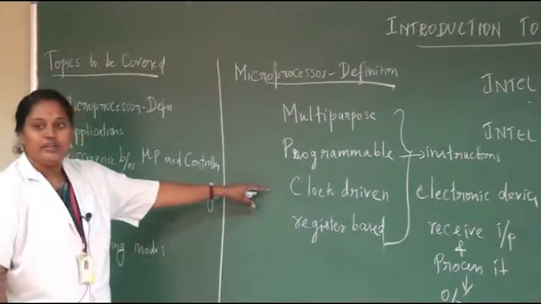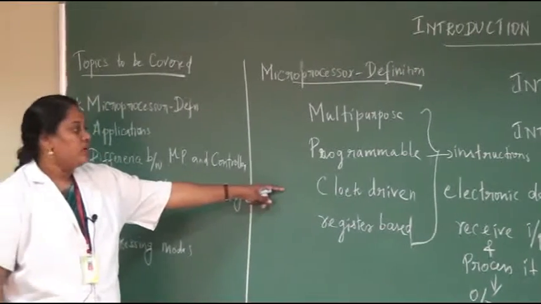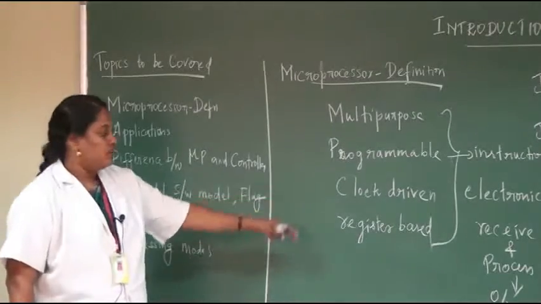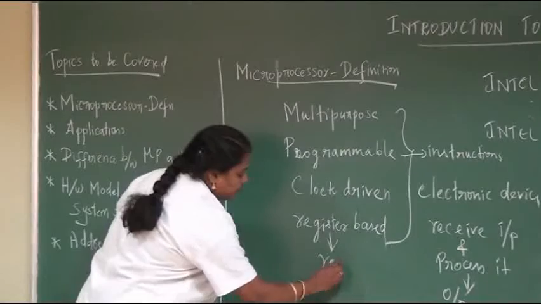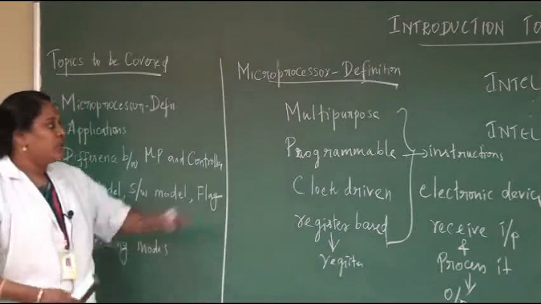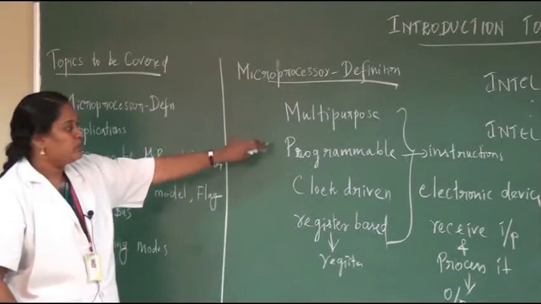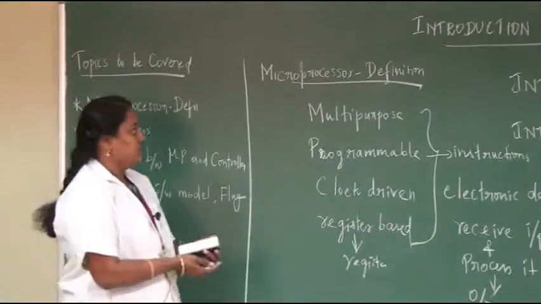It is clock driven, and it works based on the control signals given by the controller, for example the read signal or write signal. And it is register based, as all these operations are based on special purpose registers or general purpose registers. So as a whole, a microprocessor is a multi-purpose, programmable, clock driven, register based electronic device.